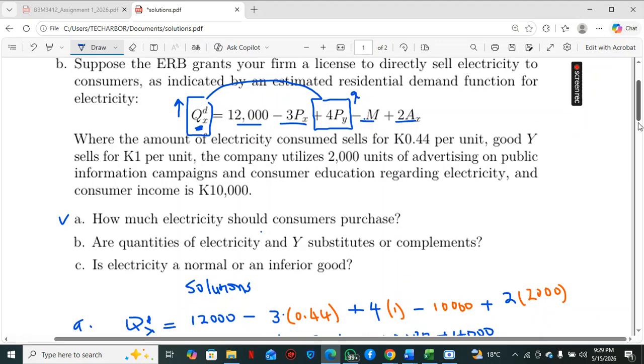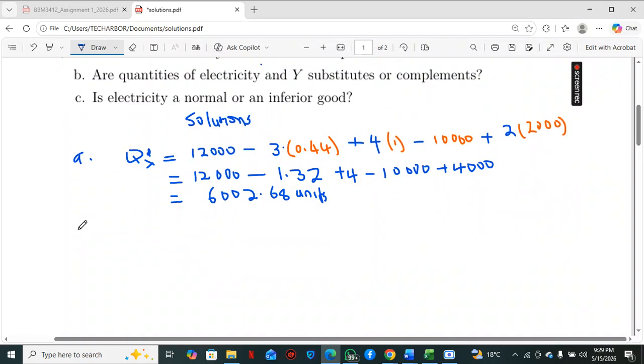Okay. But let's show that through calculations. Remember how you determine if a good is a substitute or a complement is the cross price elasticity of demand. Okay. So how we get the cross price elasticity of demand?